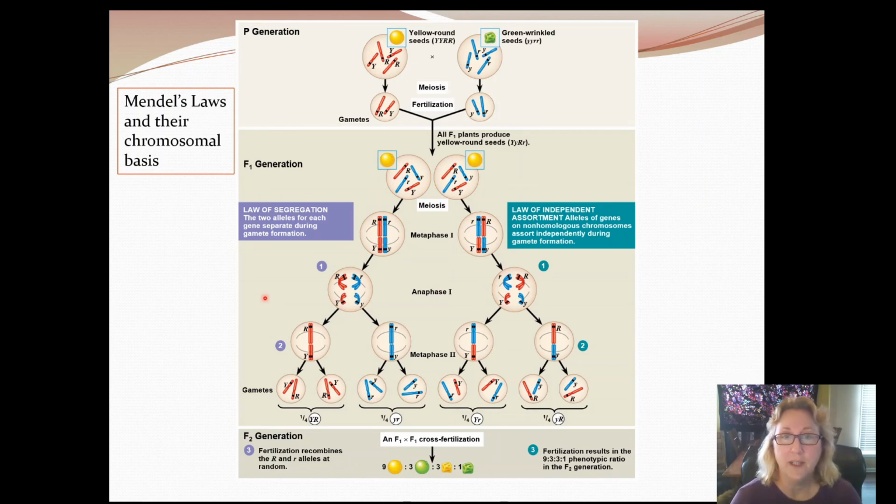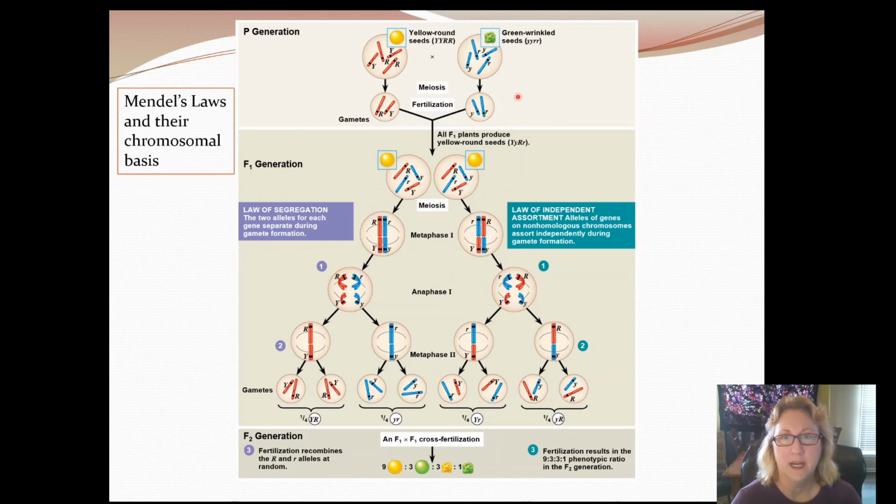The law of segregation says that for those 2 copies of any trait that are on the pairs of homologous chromosomes, they're going to separate during gamete formation, and the gametes are only going to get one of the parent's copies of that trait. We can see that here, that when we finally get down to the end of meiosis down here, there's only a single copy of each of the 2 traits here.